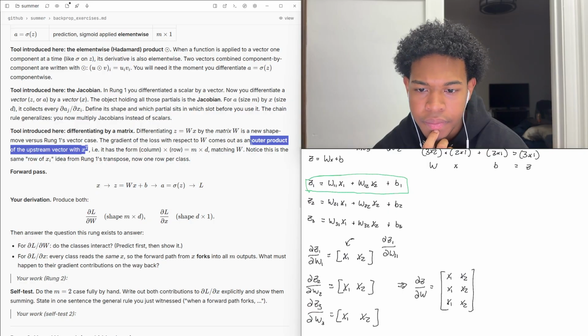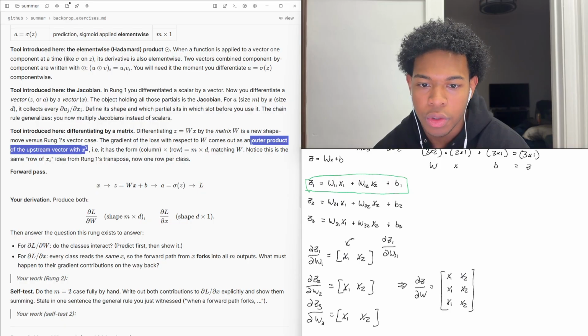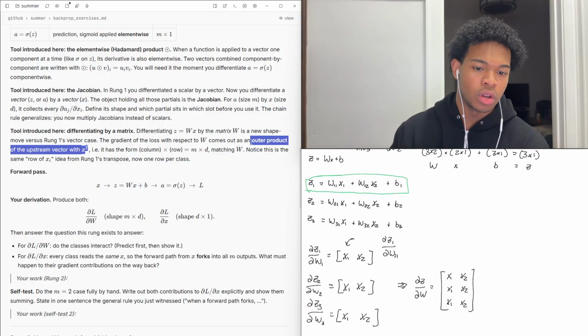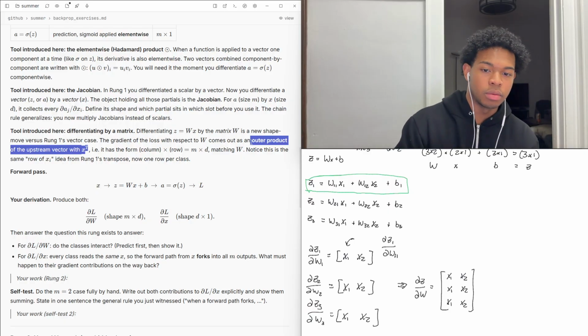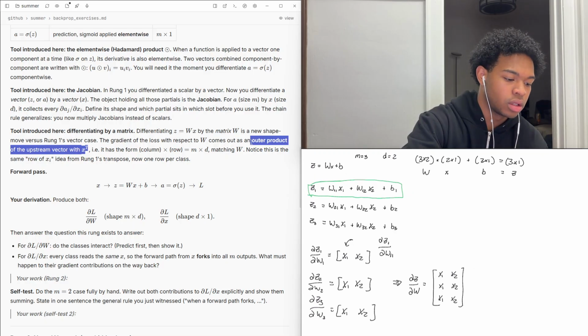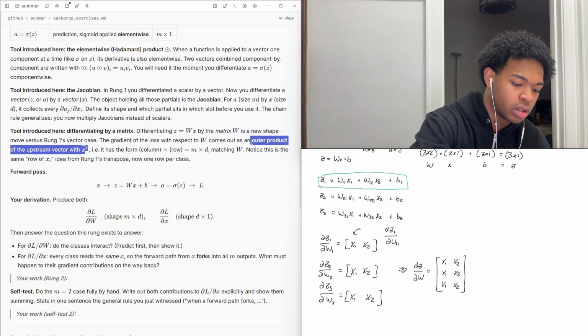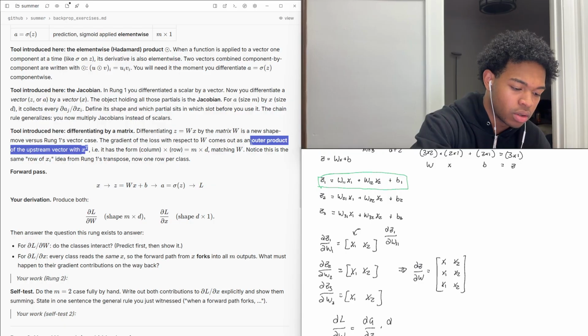Wait, but what am I missing? That's L with respect to W. So the partial of L equals the partial of A over the partial of Z times the partial of Z. No, we're still missing it.